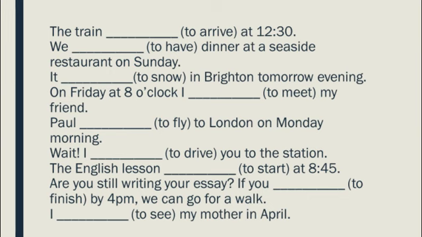For example: The train will arrive at 12:30. This is a sentence that is more suitable. You can look at the sentences and find out the proper tenses that are going to be used in these particular sentences.